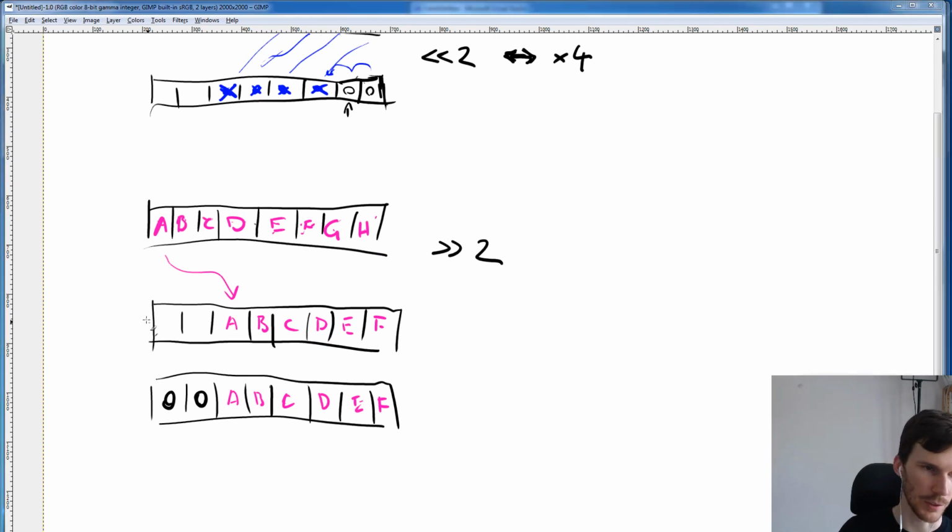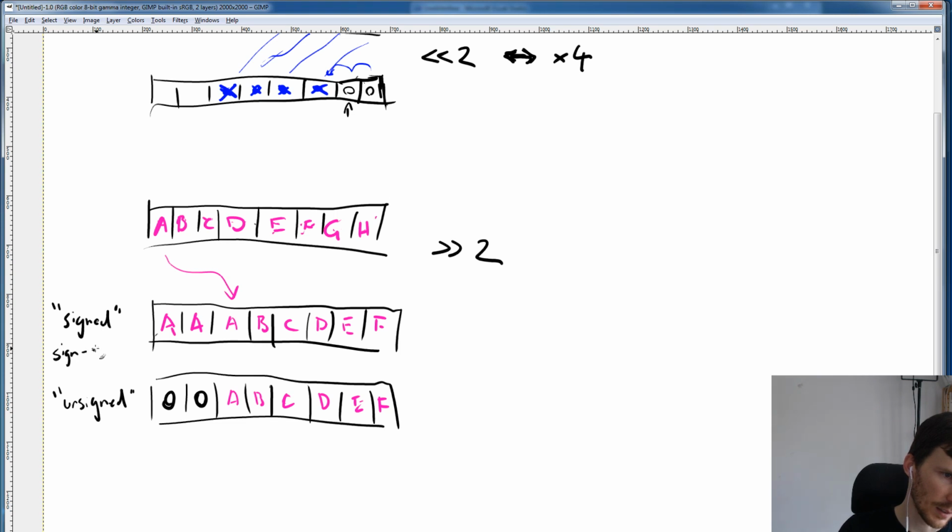But we could also do this. This second case is called signed, and this is unsigned. The proper name for this one is sign extend. As you know, this top bit is the sign bit.